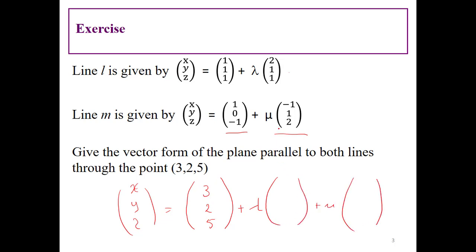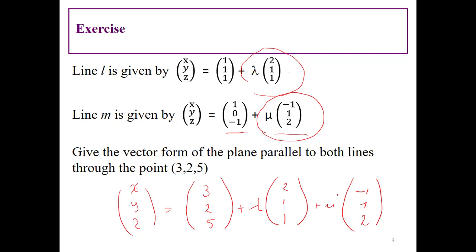But they just told us: line L is given with a specific direction vector, and line M is given with a special direction vector. So I can use these two to represent the plane: (2, 1, 1) and (-1, 1, 2). We only need to check whether the vectors are independent. 2 would be minus 2 times minus 1.